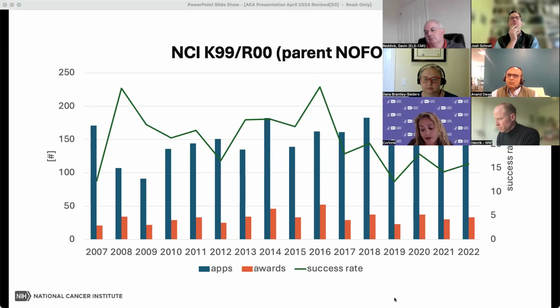The K99 R00 has quickly become one of the NCI's most popular career development funding opportunities, averaging 43% of all competing K applications and 35% of all competing K awards from fiscal year 2018 through 2022. Next slide, please.